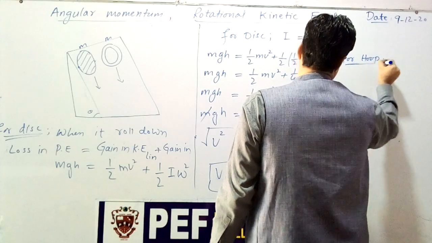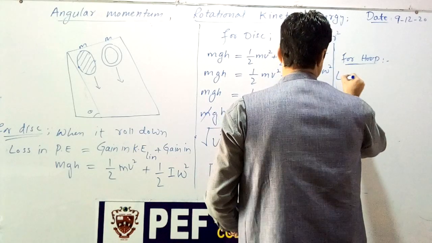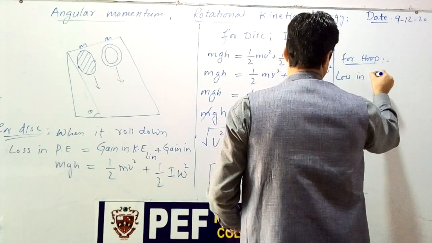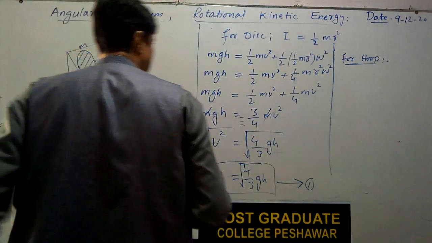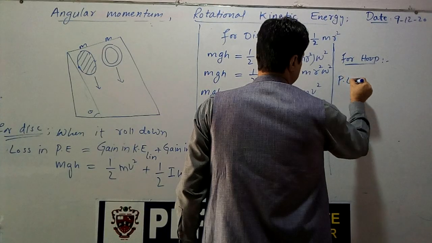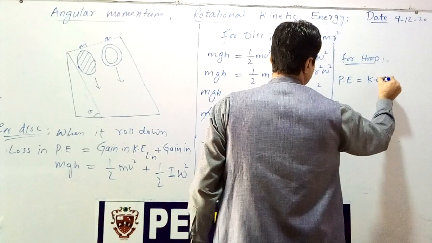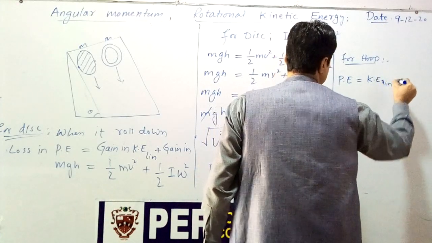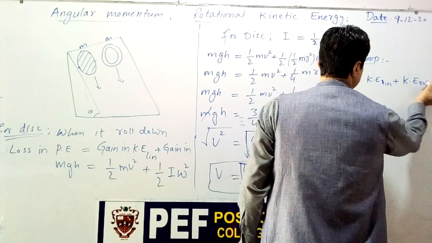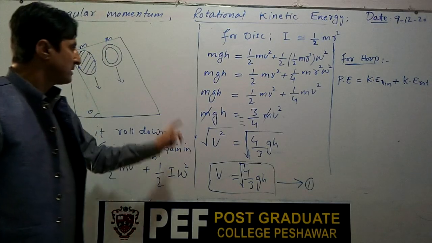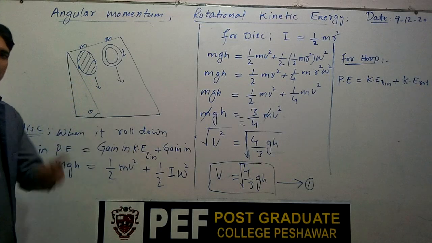For hoop, loss in PE equal to loss in potential energy, or directly you can write potential energy will be converted into kinetic energy linear plus kinetic energy rotational. Here you can see when this hoop rolls down, there are two types of energy.